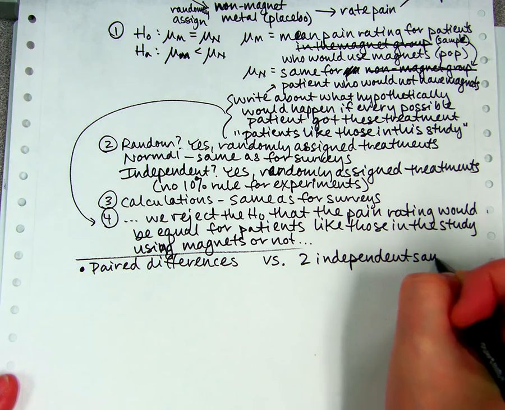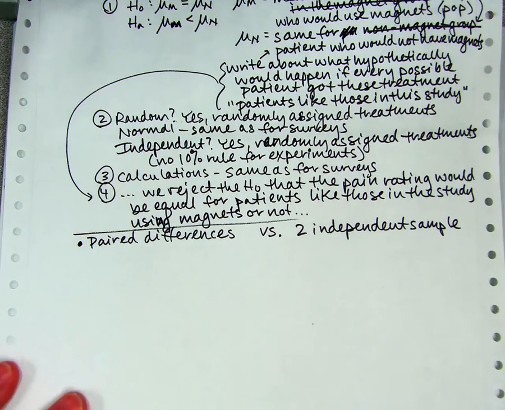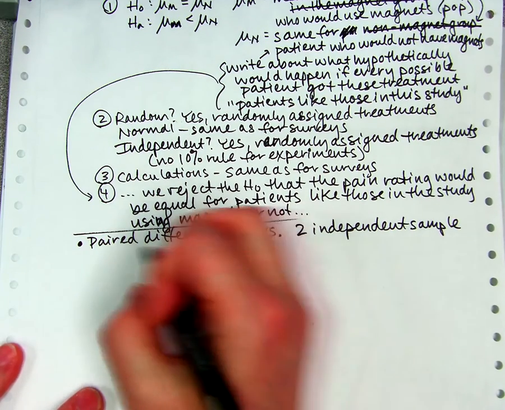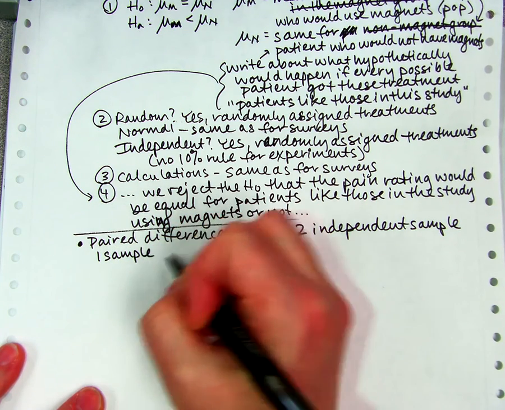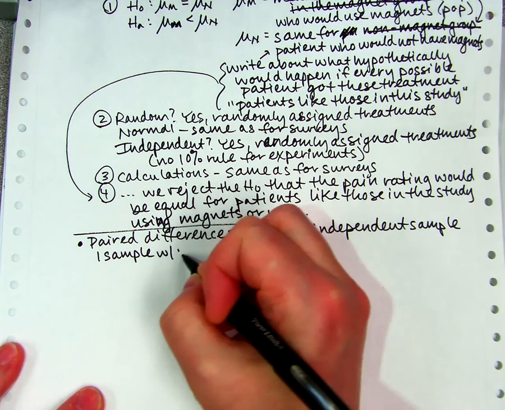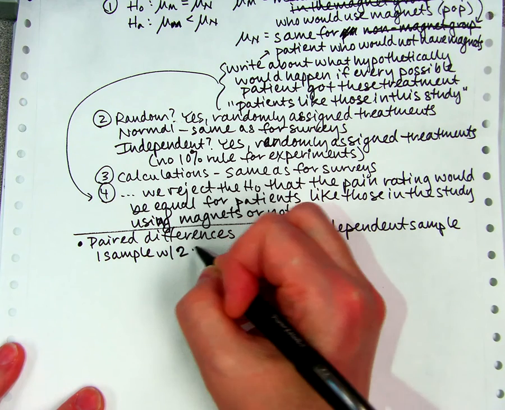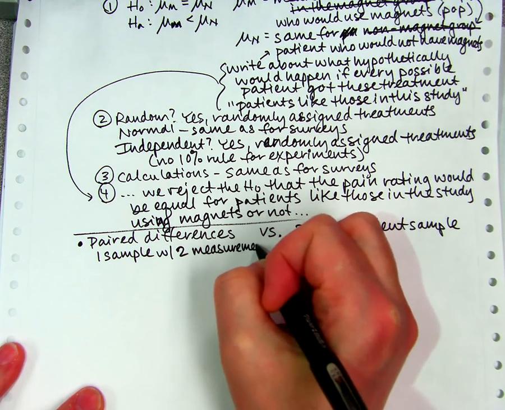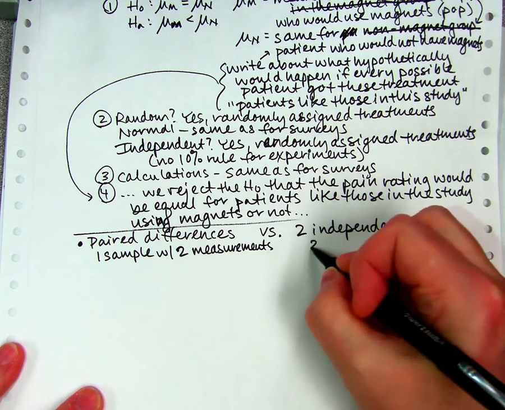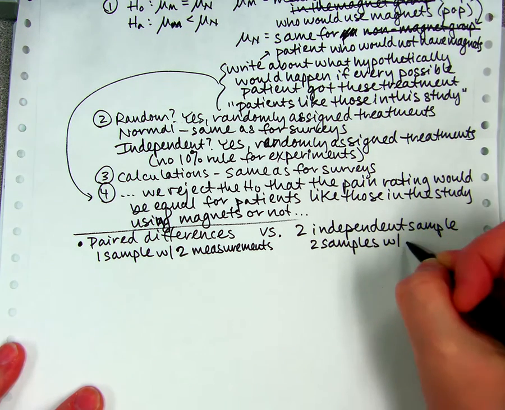The main difference is whether you have one sample with two measurements or two samples with one measurement, and I'll actually write that down. This would be one sample with two measurements, usually a before and after, or each person gets it twice or something like that. And this would be two samples with one measurement, not paired.